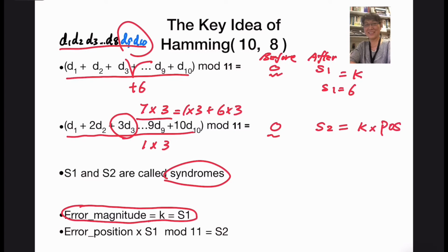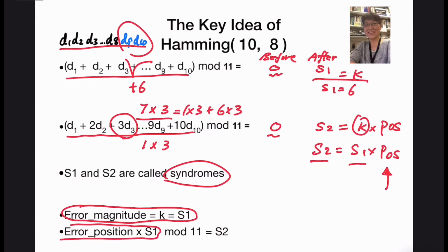Then we know S1 is k, and S2 equals k times position, where we substitute k by S1. So S2 is S1 times position. We know S1 is a constant value, and S2 is another constant value, so we can get a unique answer for the error position. I summarize here: error position times syndrome 1, mod 11, should be our S2.